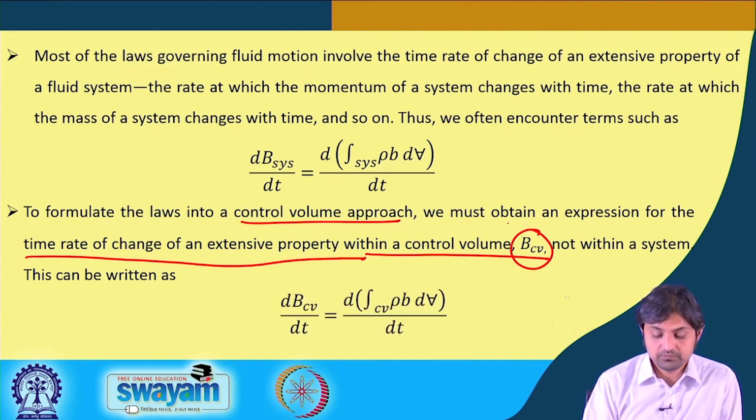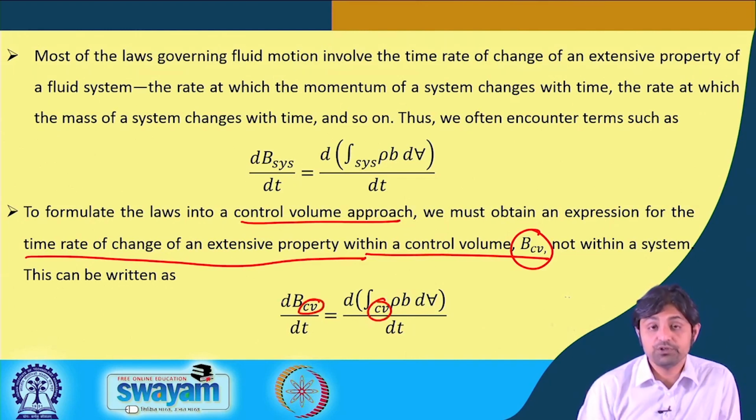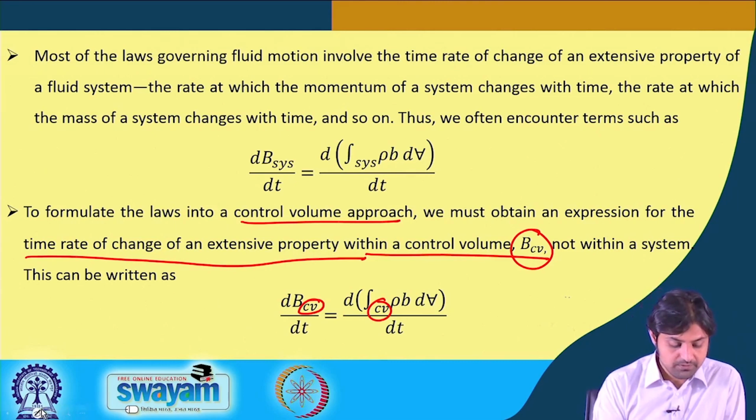The same thing we can write as d dt of B CV, so this goes from system to control volume.